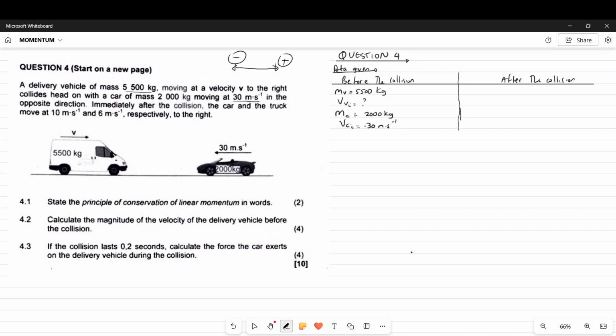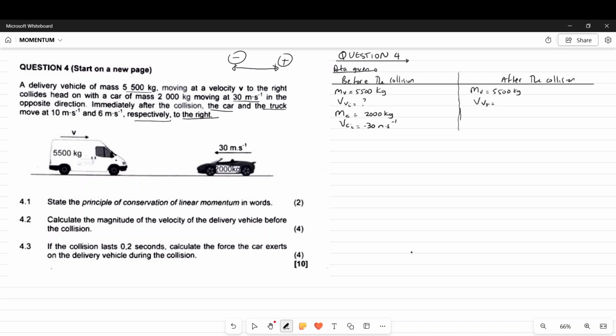Same thing over here. The mass of the car after also remains the same. Now the final velocity of the vehicle. They said that the car and the truck move 10 meters per second and 6 meters per second respectively to the right. So the car and the vehicle move in the same direction after the collision, to the right.